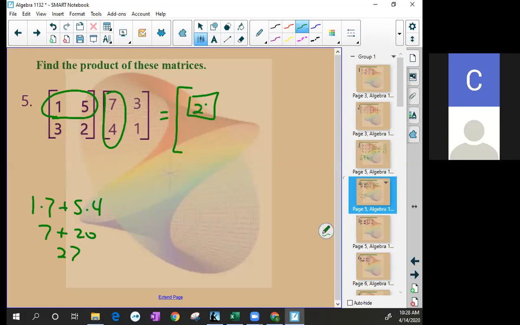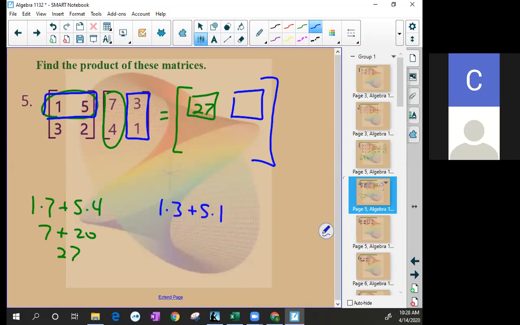So I'm going to have 27 in that position. Now, for this answer, I've got to take the first row times the second column. So I'm going to have 1 times 3 plus 5 times 1. 3 plus 5 is 8. So I'm going to have an 8 right there.